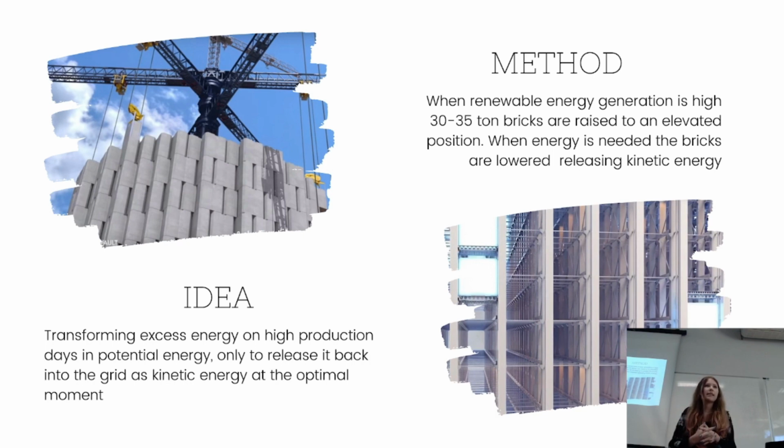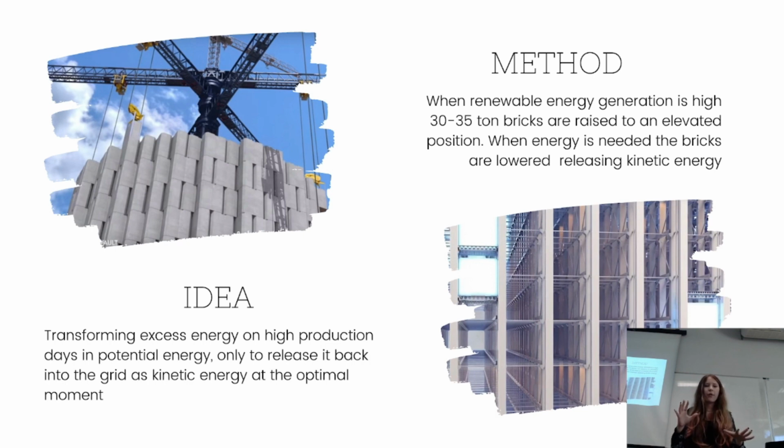Particularly in places that don't have any bodies of water, this instability is very common. So the way to then release it back to the grid is to use this potential energy, transforming it into kinetic energy whenever it's needed. One day you have a lot of wind energy, so you store it as potential, and then when there's no wind or little wind, you can release it as kinetic energy.